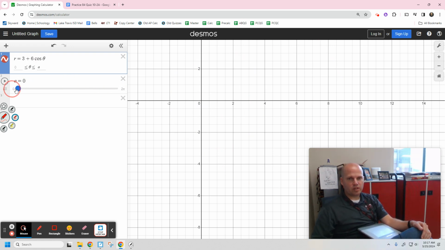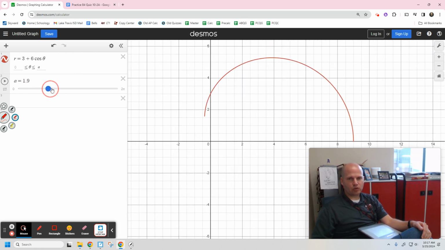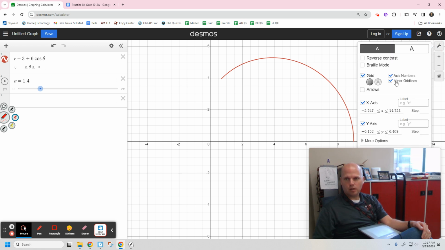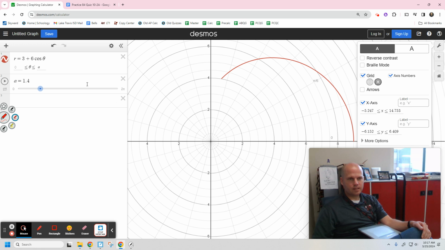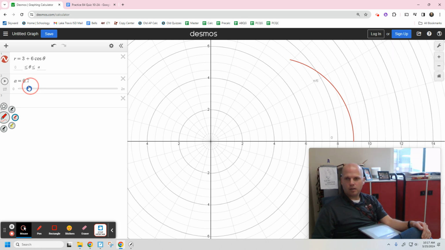We go from 0 to 2 pi over 3, and you can see my distance is decreasing. Let's go into the polar graph so you can see how it fits inside, how it keeps going to smaller and smaller radii.